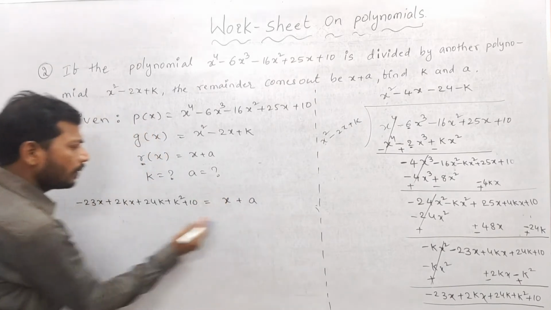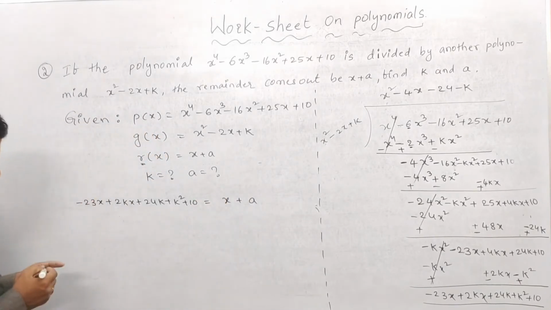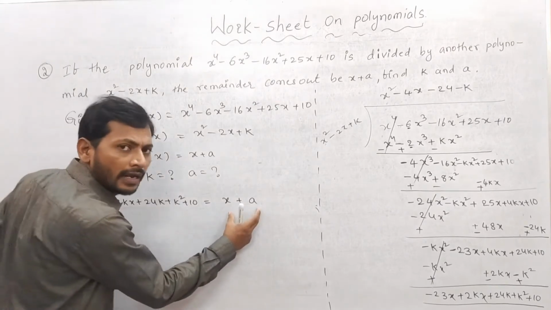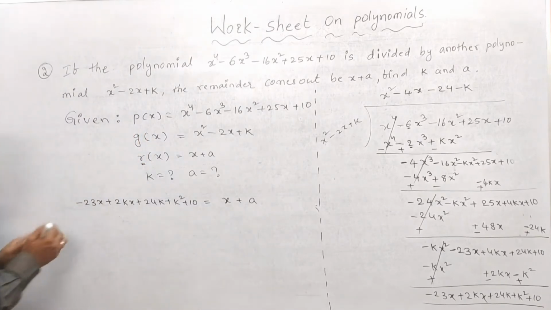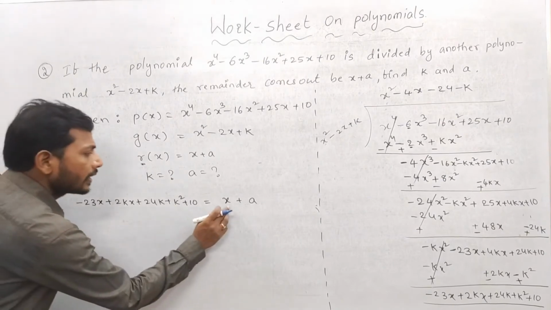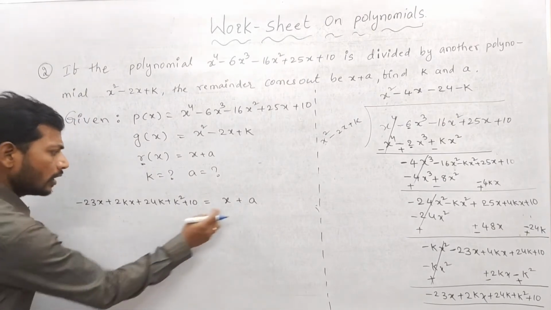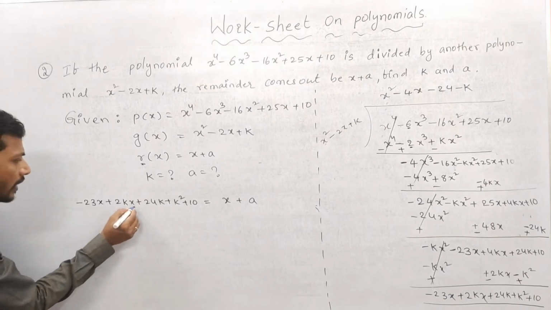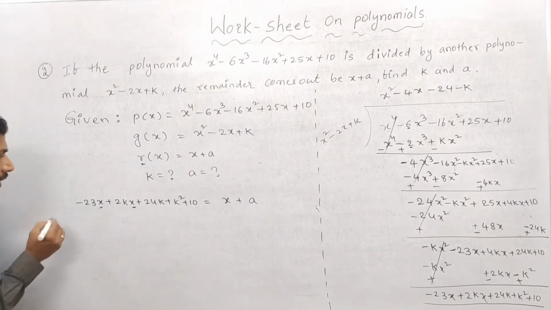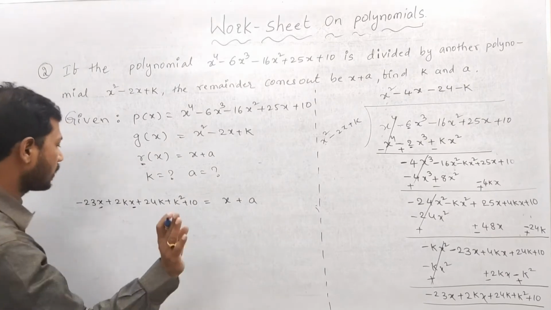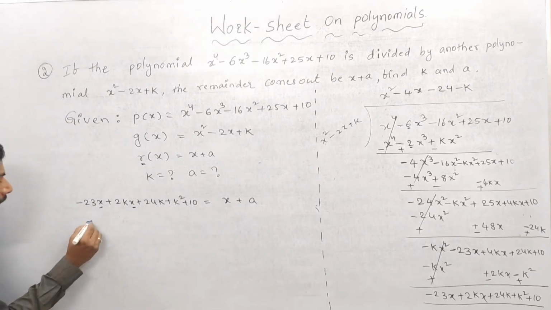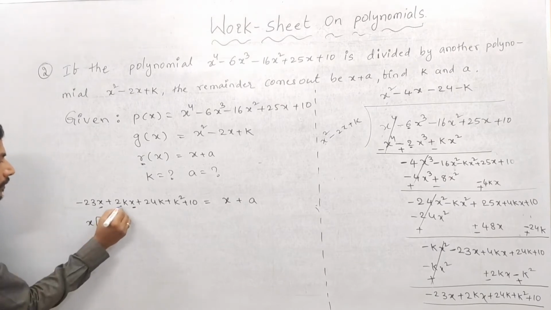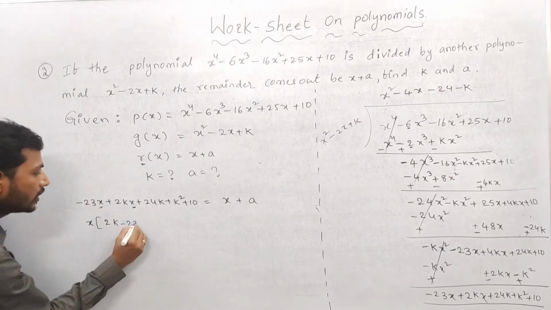Then please try to compare. Then how can I compare, sir? It is with a very bigger size, or it is a very small size. For that purpose, where x is possible to take common, there you can take x as common. Observe here, x is there, here also x is there. Any more term is there? No, sir. Then if I take x as common, I am going to get 2k minus 23.